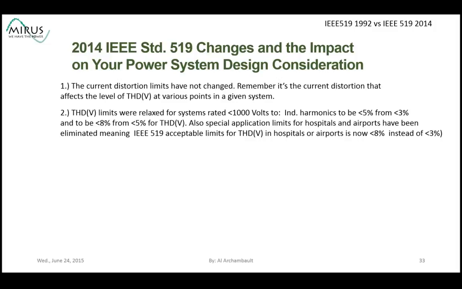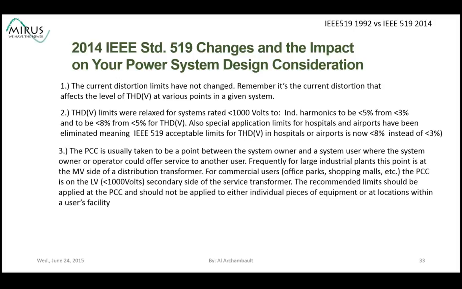Individual harmonics must be kept to 5% instead of 3%, and 8% instead of 5%. Also, special application limits for hospitals and airports have been eliminated, meaning IEEE 519 acceptable limits for voltage distortion in hospitals and airports is now 8% instead of 5%.